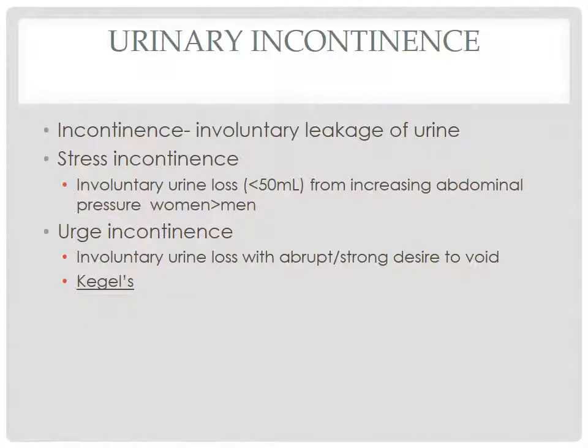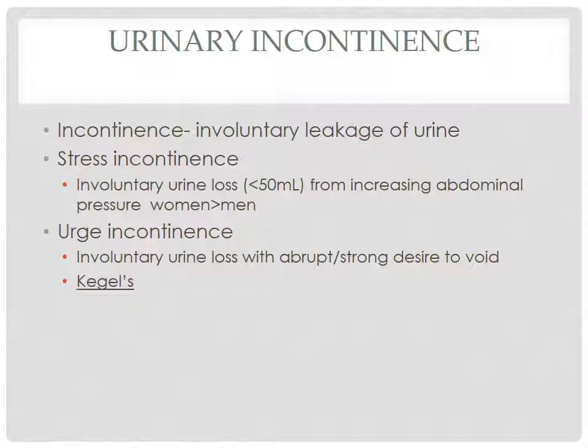So let's talk about urinary incontinence, which is the involuntary leakage of urine. We're going to talk about the different types. Stress incontinence is involuntary urine loss of less than 50 mLs that occurs from increased abdominal pressure. You see it more in women than in men. It may occur after coughing, sneezing, or laughing, that increased pressure in the abdomen, and it's a small loss.